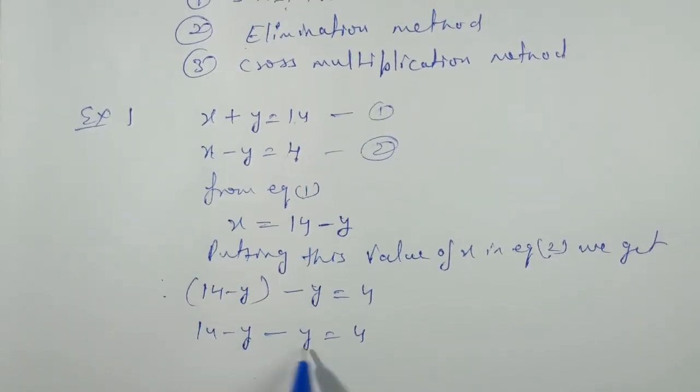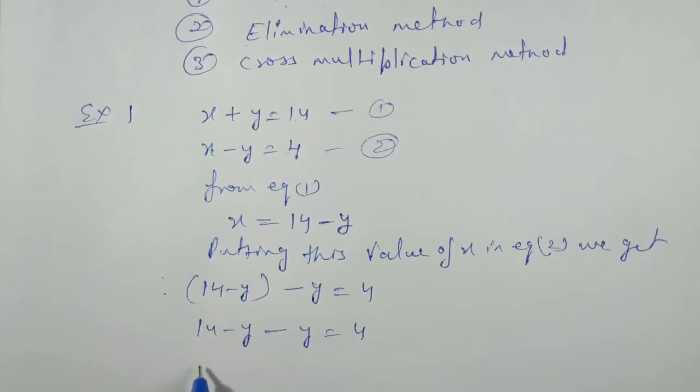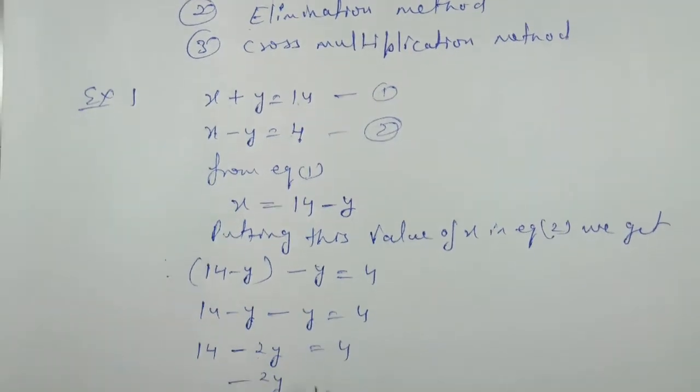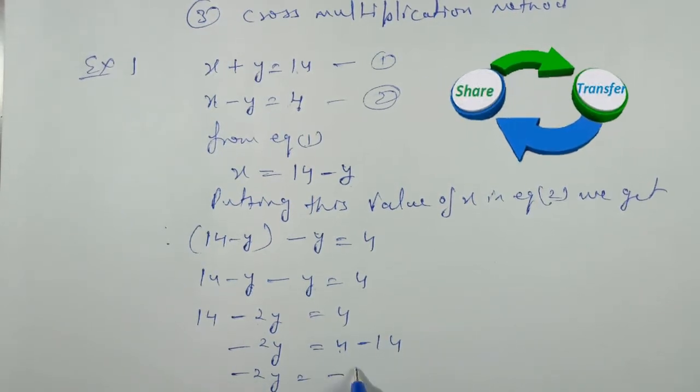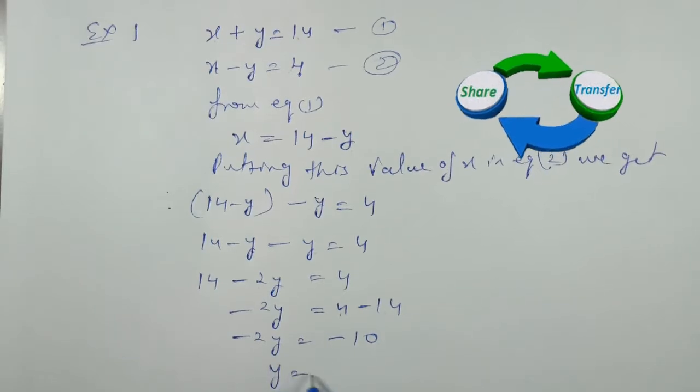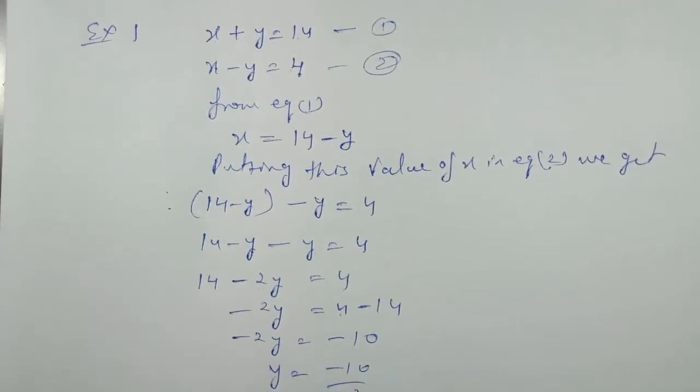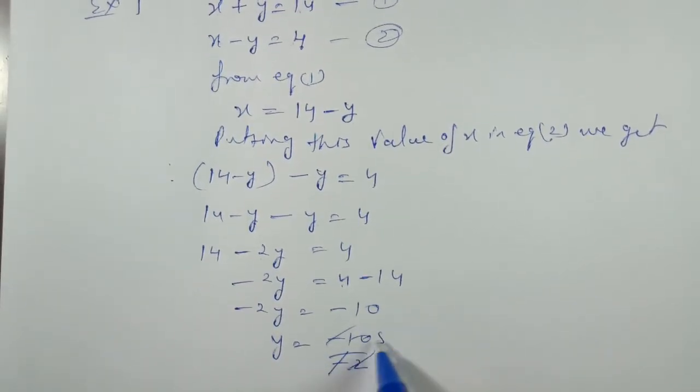Now check the same variable terms, both are negative, so they will be added. Minus 2y equal to 4. Transpose 14 to the other side to get the value of y. 4 minus 14 gives minus 10. y equal to minus 10 upon minus 2, the negatives will cancel, 2 fives are 10.